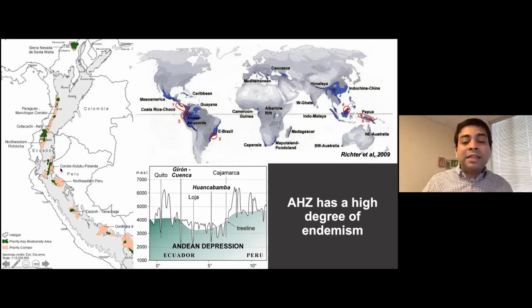But AHZ itself has a high degree of endemism. This is one of the lowest lying areas and actually creates corridors for plant movement from west to east and east to west. This is a region that's of interest to us.